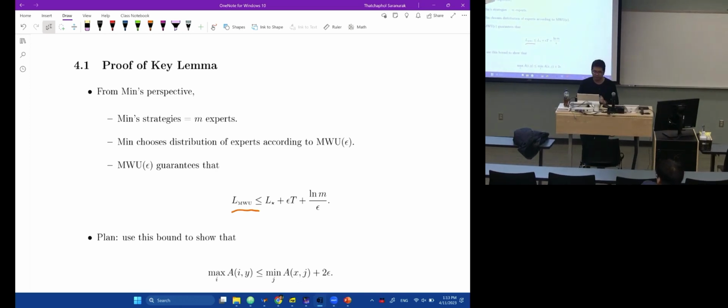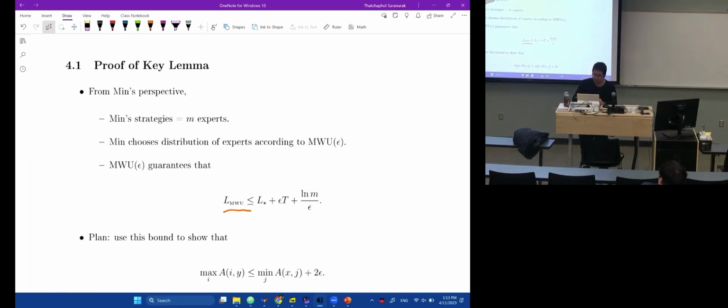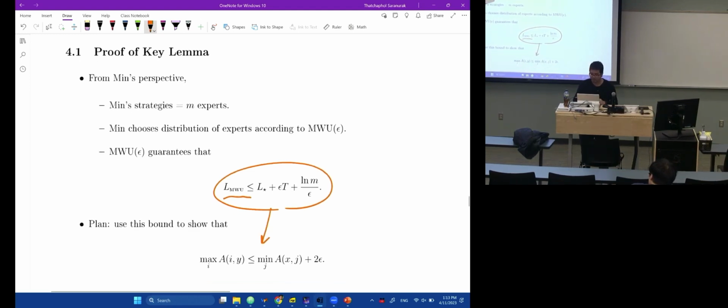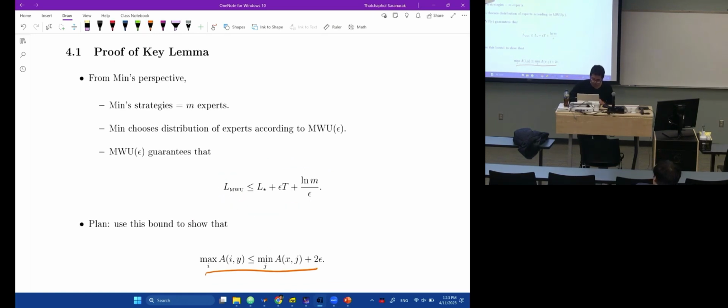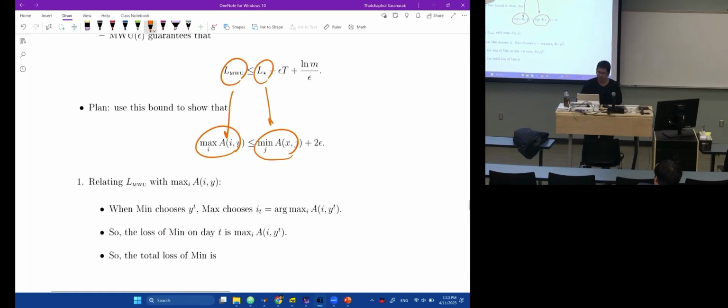So the plan is to use this bound to prove this key lemma. This is our key lemma. We will basically try to connect this thing with this thing and this thing with this thing. That's the plan. So let's do the first thing. This is the second thing.